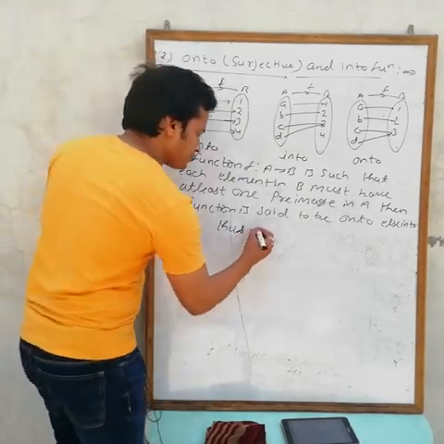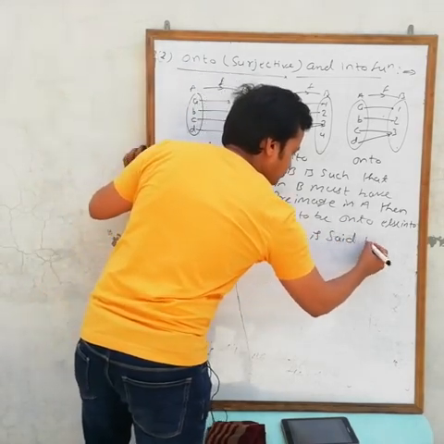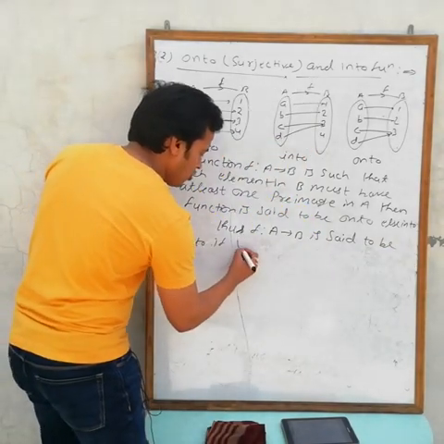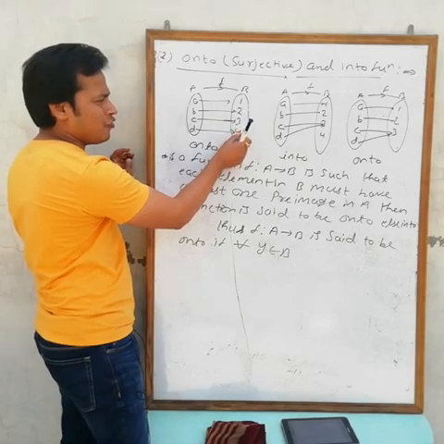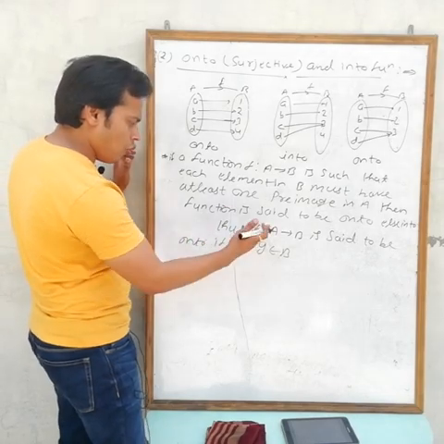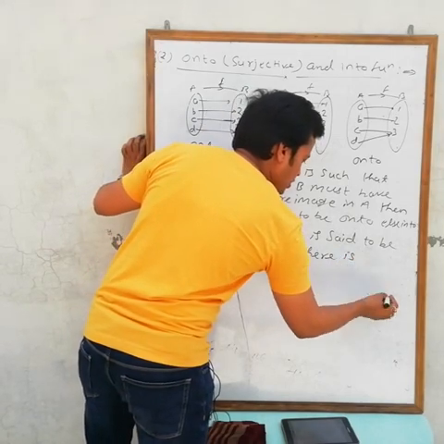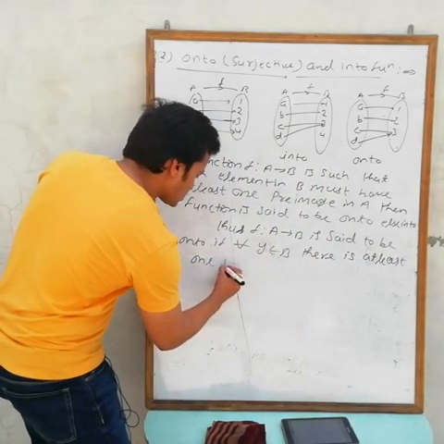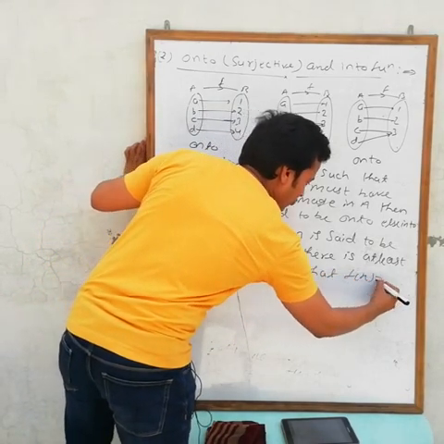A function from A to B is said to be onto if for all y belongs to B, if you take any value of y from B, there must be one x in A. Onto if for all y belongs to B, there is at least one x belongs to A such that f(x) equals y.